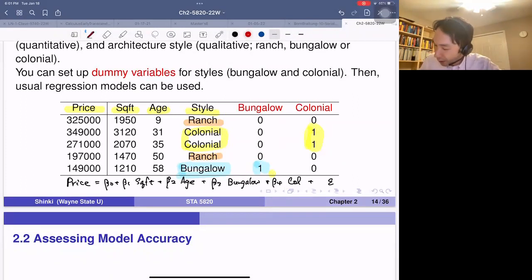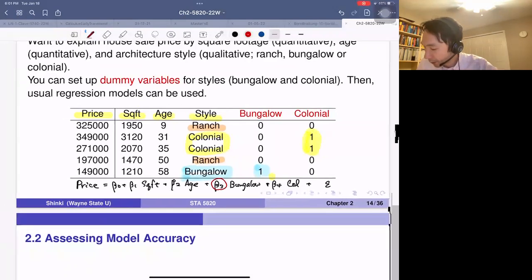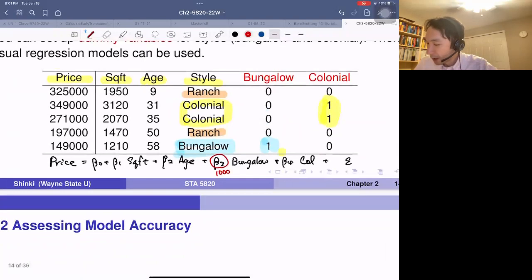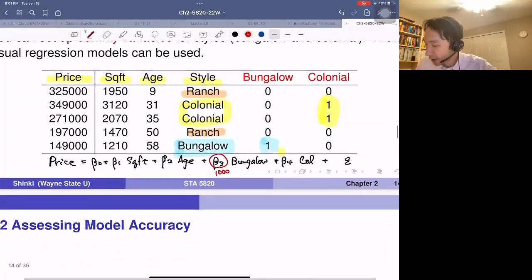And this beta 3 explains the difference between ranch and bungalow, because ranch is the baseline. Suppose beta 3 is 1,000. That means if the house is a bungalow, the price is $1,000 higher than ranch. So this 1,000 is the difference between the price of ranch and the price of bungalow.